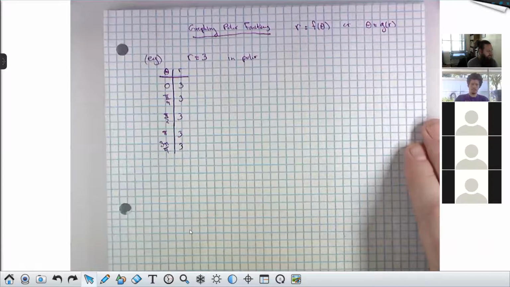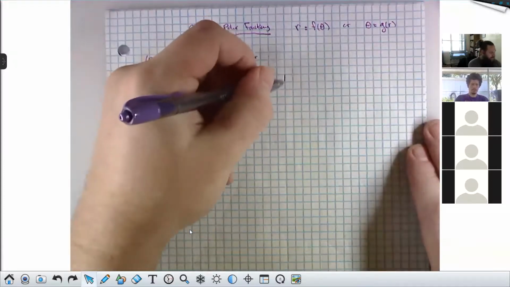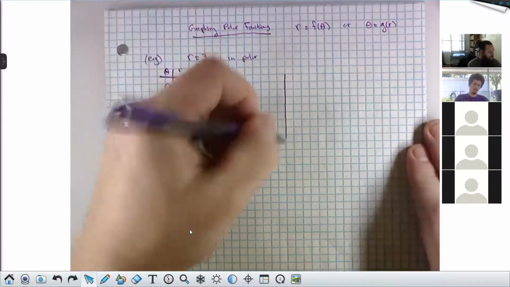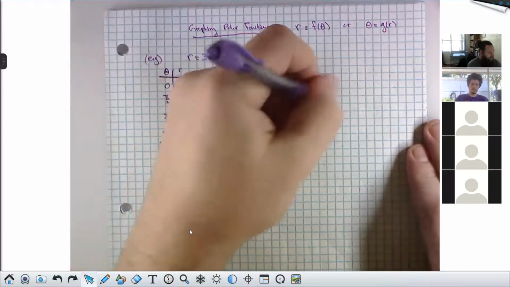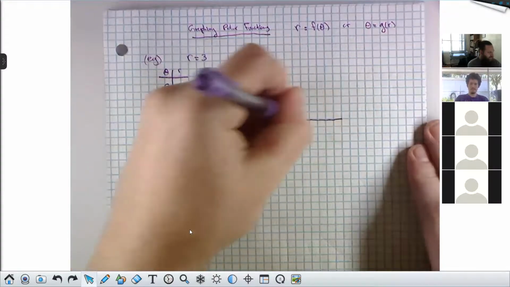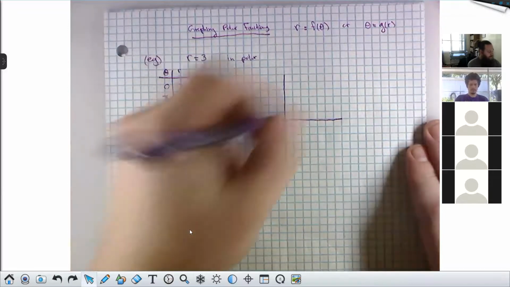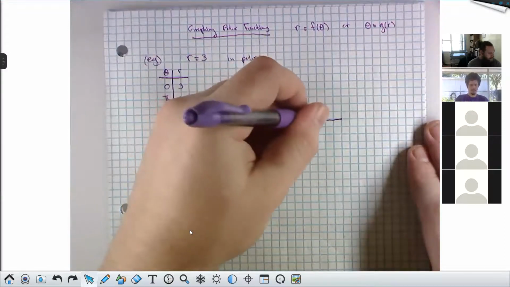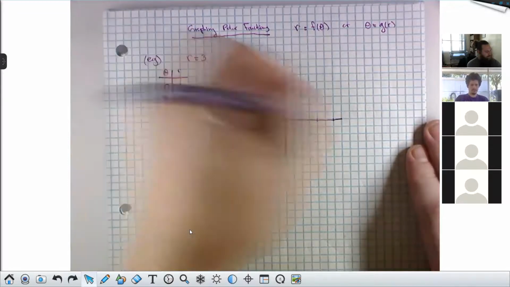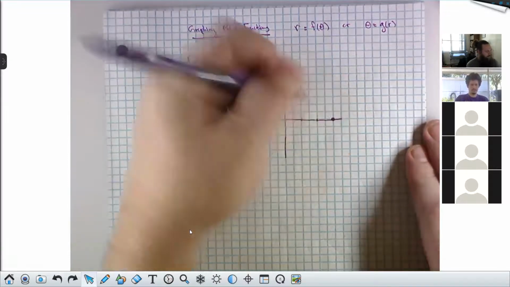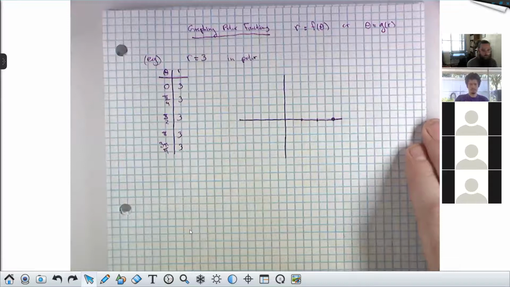All of these. So if I plot those points in polar coordinates, theta equals 0, r equals 3. I'll call this 1, 2, 3. Here's the polar point, theta equals 0 and r equals 3.